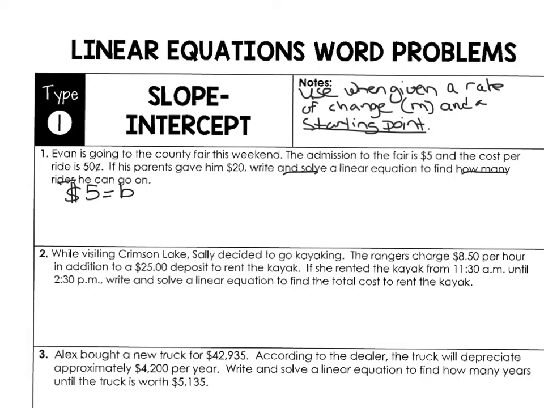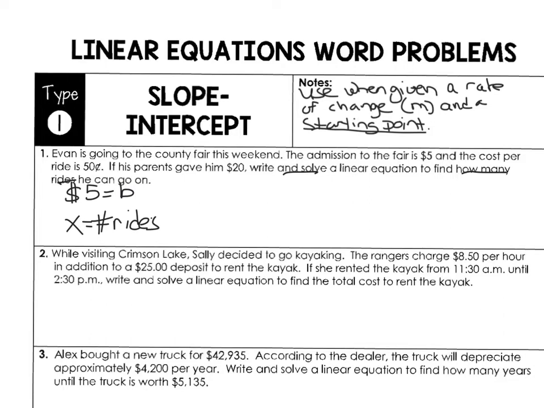Okay, so as we talked about before, when you look at the last sentence of a word problem, it's telling you what you're going to have to give, and it's usually what you're defining your variable as. So we're going to say that x equals the number of rides, because it's how many rides. So we're going to be solving for x.